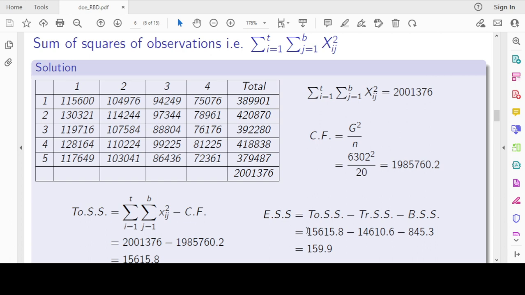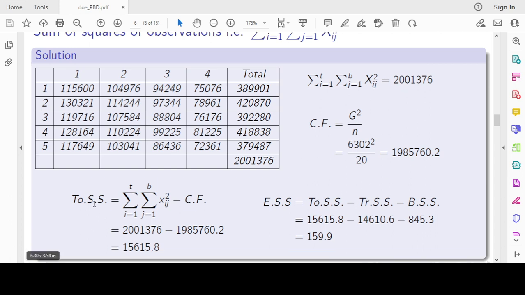Likewise, as in the previous design CRD, we have obtained the total sum of square. CF is equal to G square upon n, that value we have, the same as in the previous case also. So total sum of square can be obtained as double summation xij square, that is this value, minus CF. We subtract the correction factor, and after subtracting we'll get this value as the total sum of square.